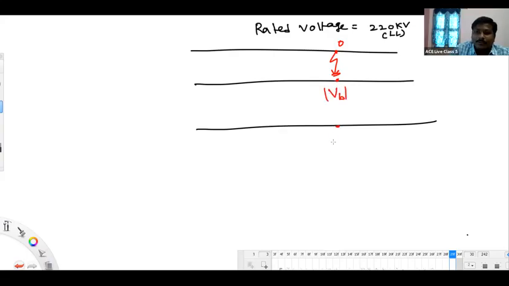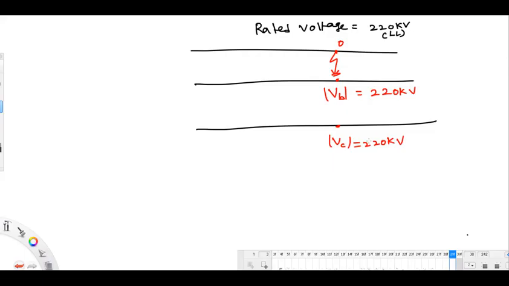For example, this VB is coming to me as an RMS value of 220 kV, and this VC is also coming as 220 kV. Is this 220 kV the rated voltage or the operating voltage?